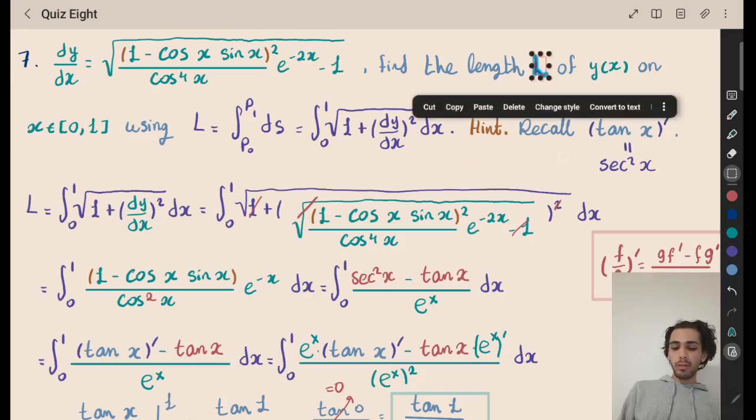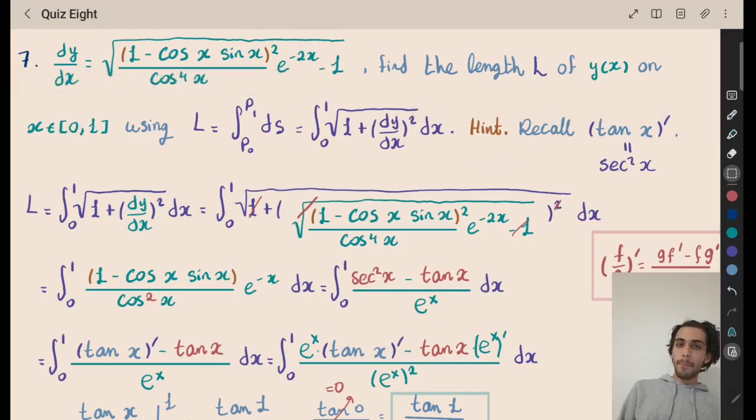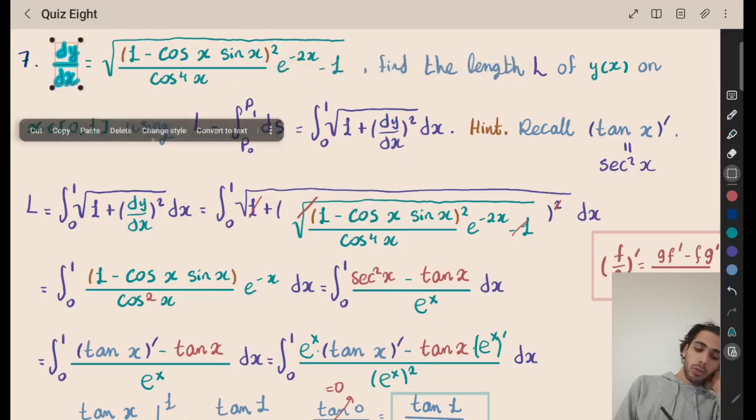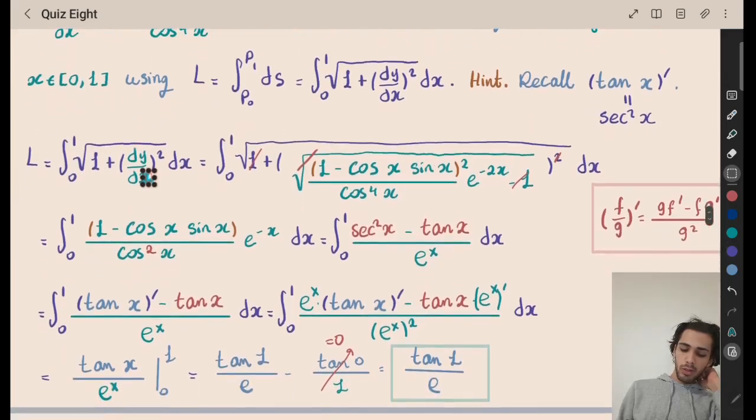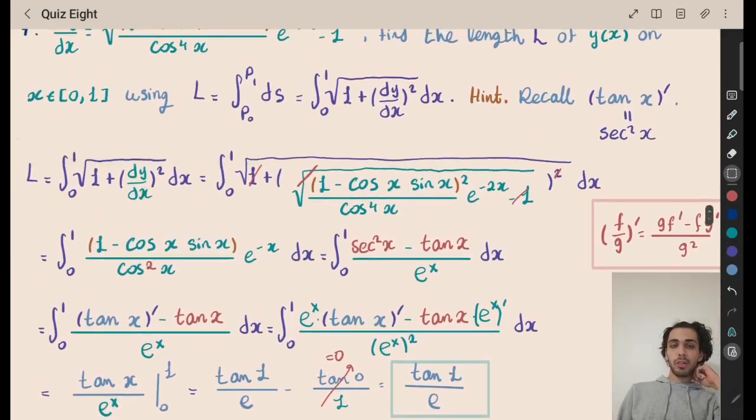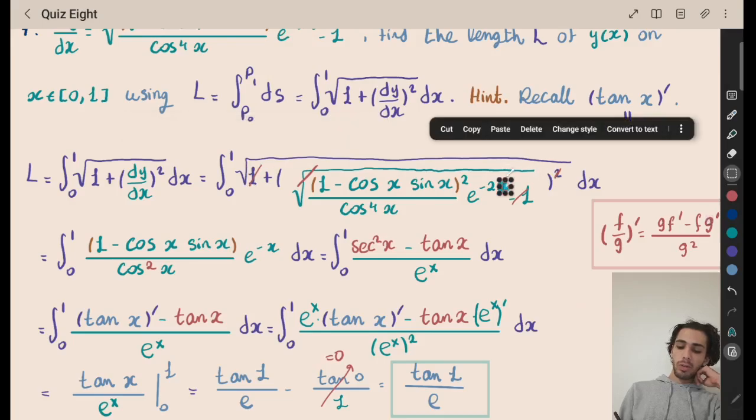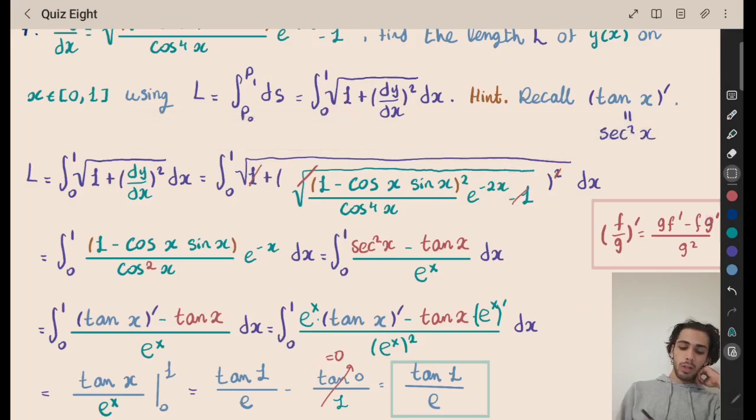We want to find the length from 0 to 1, so we compute length from 0 to 1, because our problem is from 0 to 1. And then dy by dx is given to you, so you plug this in. You make some simple simplifications: the square root with the square, the minus 1 with the 1. You get this.